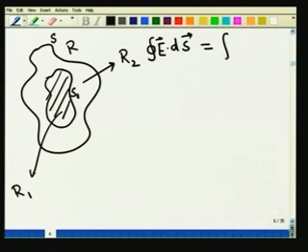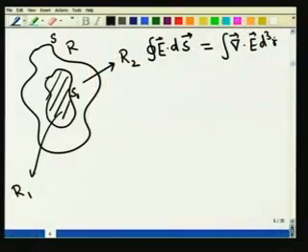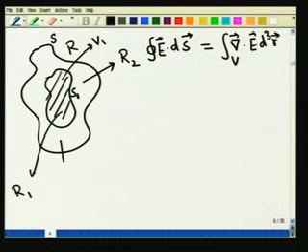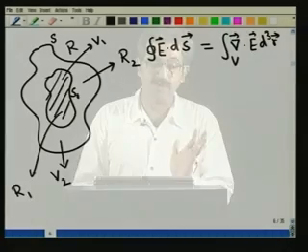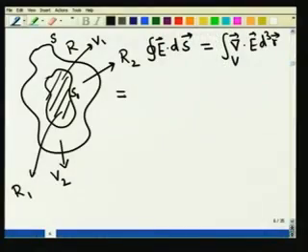This is nothing but the integral of divergence E d³r over the whole volume V. To avoid any confusion, I will denote the interior volume by V1 and the surrounding exterior volume by V2. The region R2 has a volume V2, and the region R1 contains a volume V1. Now by the additivity of volume integrals, my right hand side can be written in the following form.